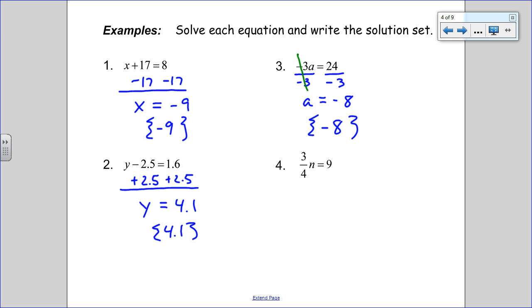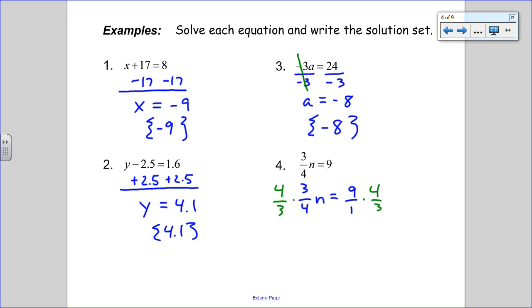Finally, in example 4, we have the equation 3/4 n equals 9. We can think in terms of dividing by that fraction 3/4, or in terms of the equivalent process, dividing by the fraction 3/4 is equivalent to multiplying by the fraction 4/3, which is its reciprocal.